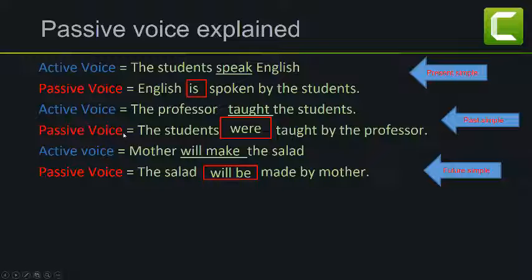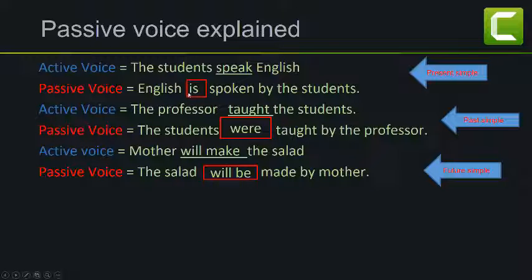Now I have several examples. Let's look at the sentences. The students speak English. This sentence is in present simple. Now we'll change this sentence into passive. First, as we said before, we put the object English to the first place.